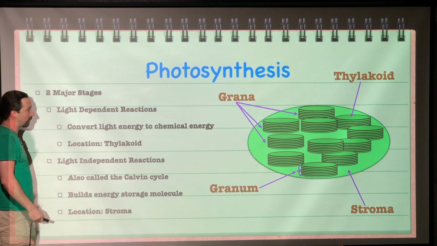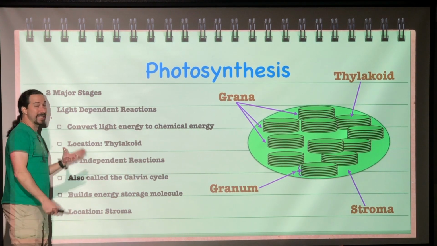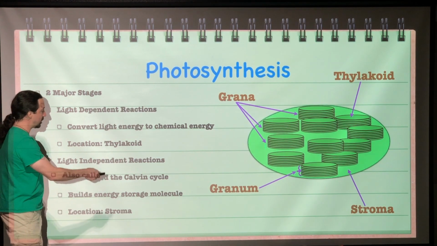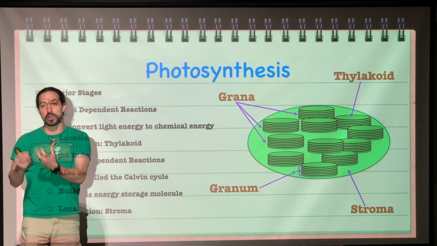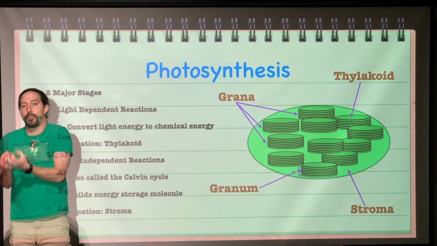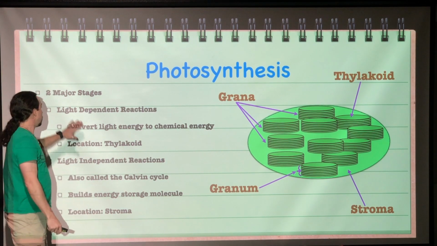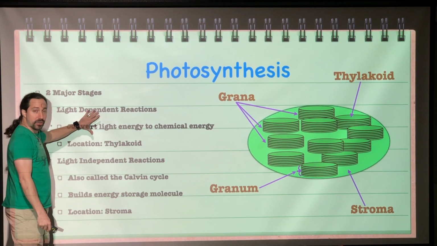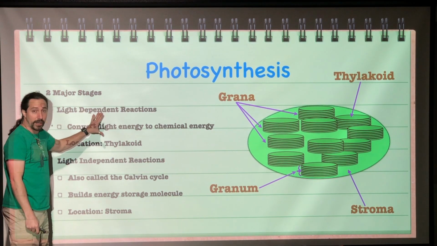The light-independent reactions, the second stage of photosynthesis, that is also referred to as the Calvin cycle, and it will take place in the stroma. It is going to end up building our energy storage molecule. It's going to get us to the point where now we are able to store that chemical energy. Conversion is going to occur first, and that's not going to build our energy storage molecule.